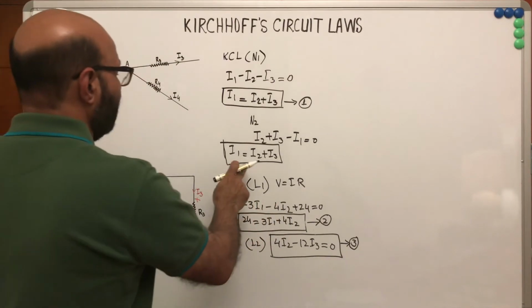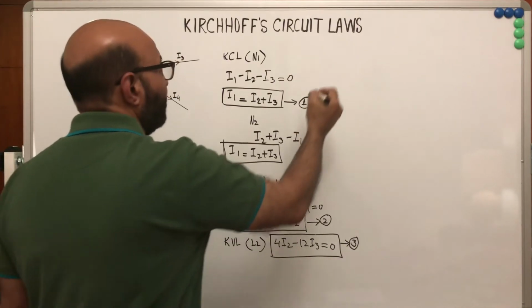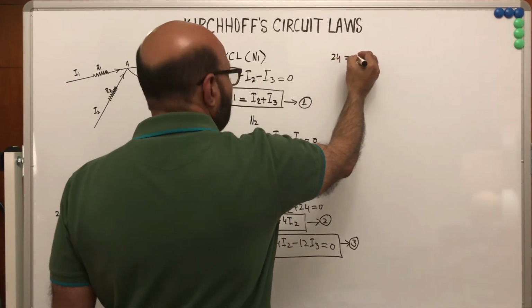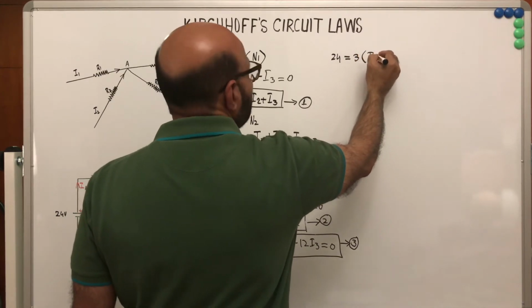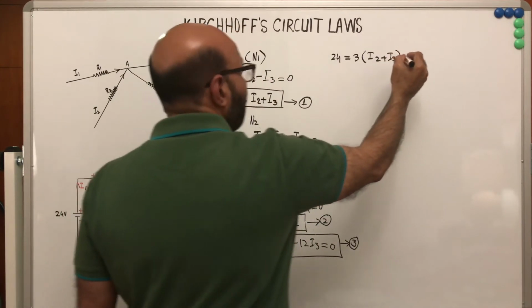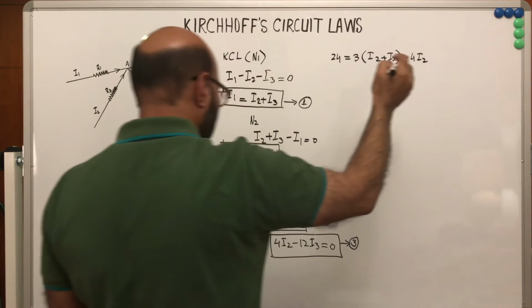Now we will place the value of I1 in equation 2. So 24 is equal to 3 (I2 plus I3) plus 4I2.